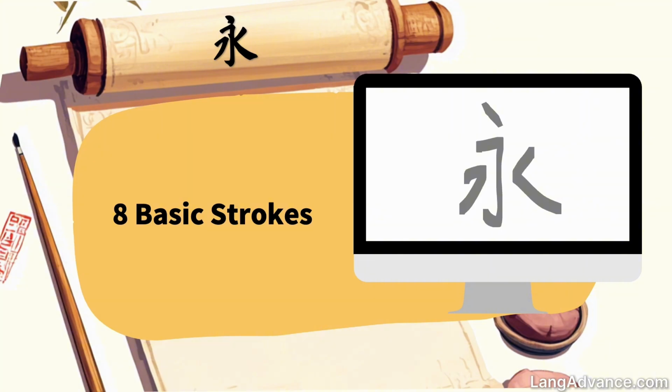So, whether you are learning to write Chinese for communication purposes or to appreciate its calligraphic art, understanding these 8 strokes is essential. Each stroke contributes to the structure and balance of the characters.